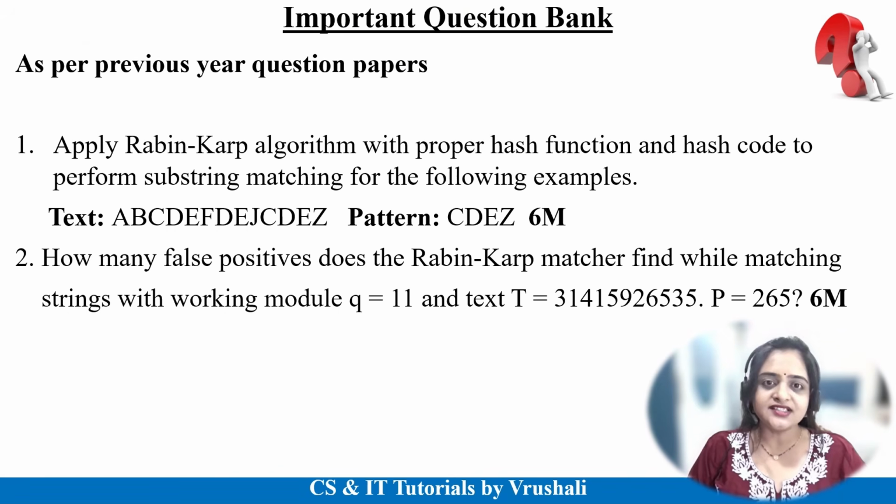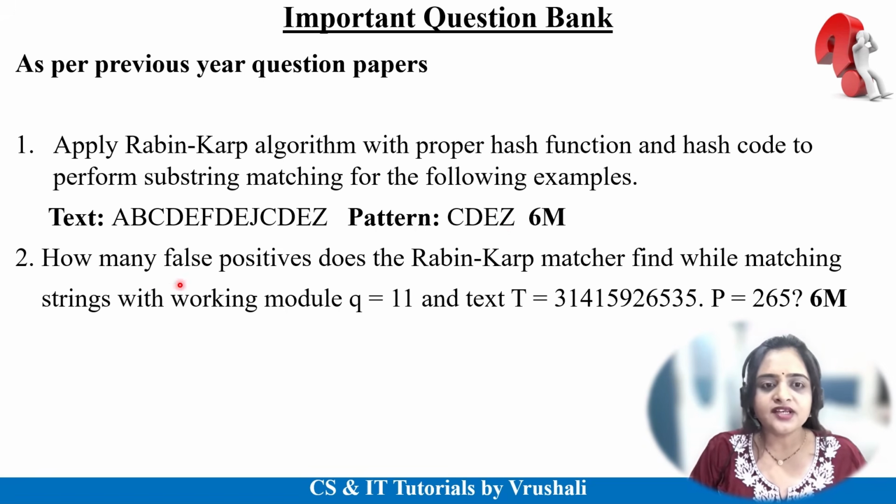As per previous year question papers, these questions are generally asked: apply the Rabin Karp algorithm with a proper hash function and hash code to perform substring matching of the following example. So here the text is given, the pattern is given. Now you have to take the assumptions related to the values.